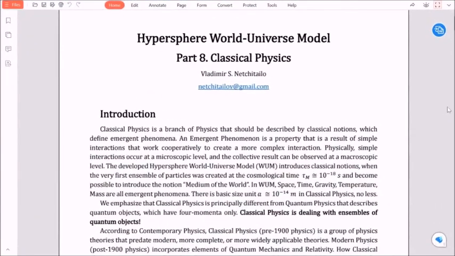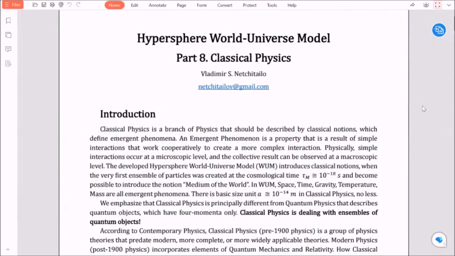Classical physics is the branch of physics that should be described by classical notions, which define emergent phenomena. An emergent phenomenon is a property that is a result of simple interactions that work cooperatively to create a more complex interaction. Physically, simple interactions occur at a microscopic level, and the collective result can be observed at a macroscopic level.